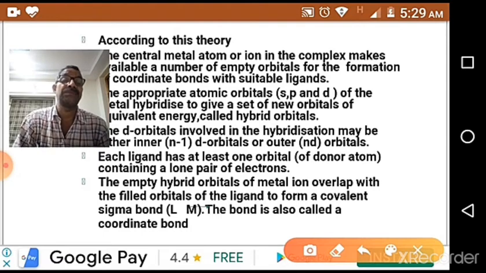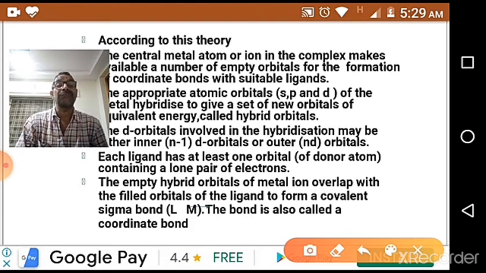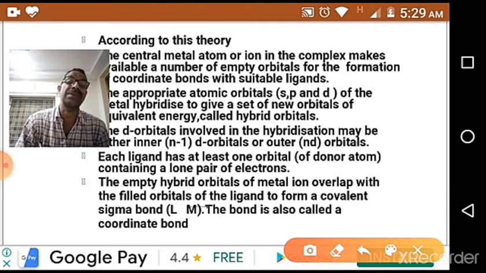Finally, interaction of this filled orbital of the ligand and the vacant orbital of the metal takes place. Due to this interaction, a coordination bond forms from ligand to metal. In this way, we can say the formation of the bond is nothing but acid-base salt formation.